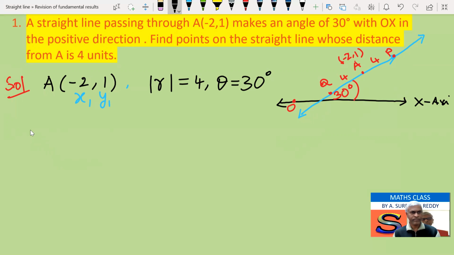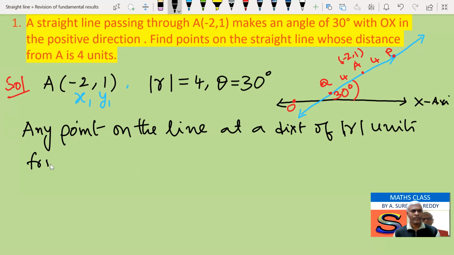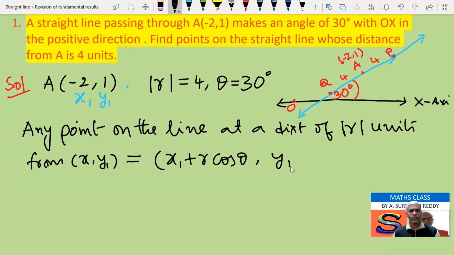can be taken as any point on the line at a distance of r units from a given point x1 y1 can be taken as x1 plus r cos theta, y1 plus r sin theta.